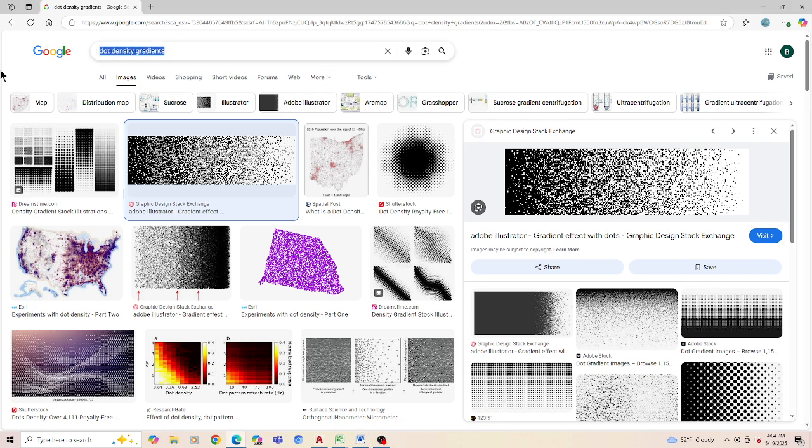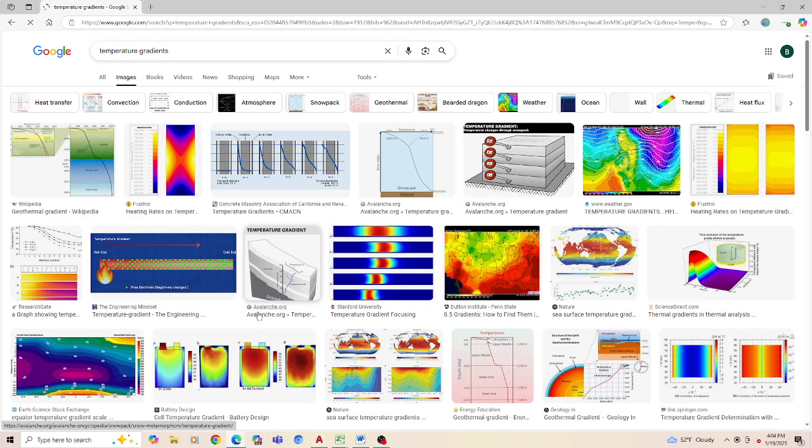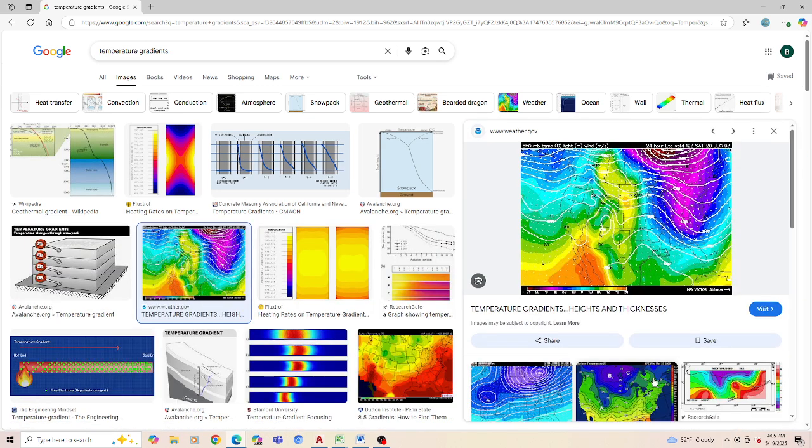So let's actually type in temperature gradients. So we can take a look at temperature gradients as well. If you took a look at a weather forecast, you can see across the United States how things change. Okay, we have probably warmer areas all the way to cooler areas.